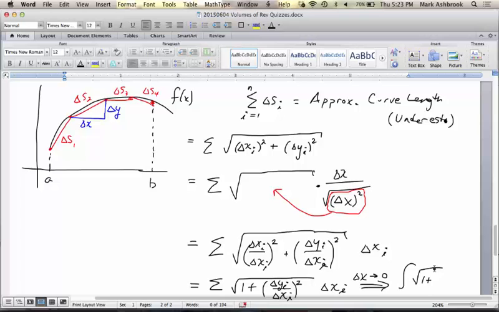Really? Nobody knows? The ratio of delta y to delta x as they get small?